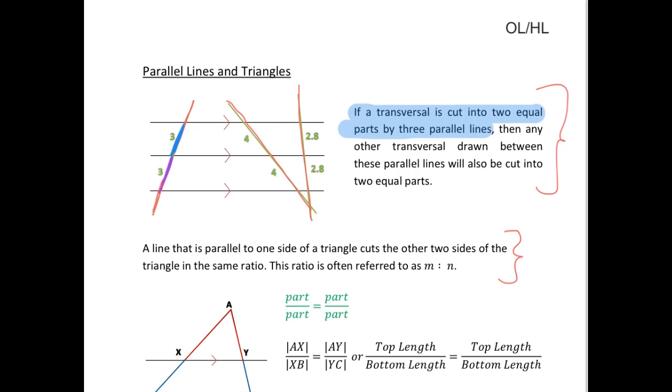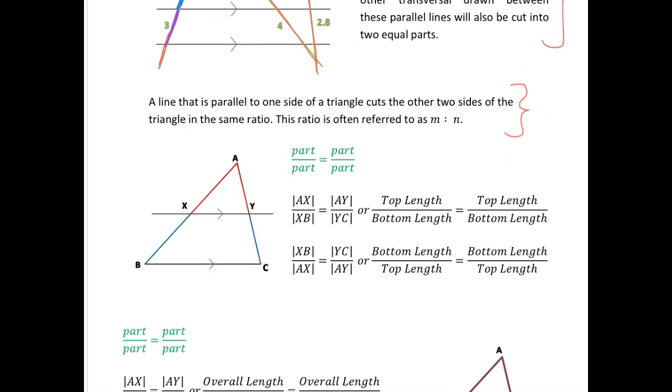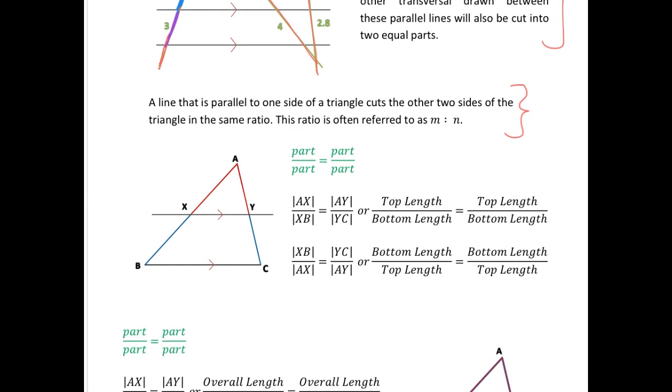But if we were to come down here and take a look, for example, at this triangle here, we see that we have drawn a line through the triangle that is parallel to the line BC, and what we can write is sometimes written as part over part equals part over part.